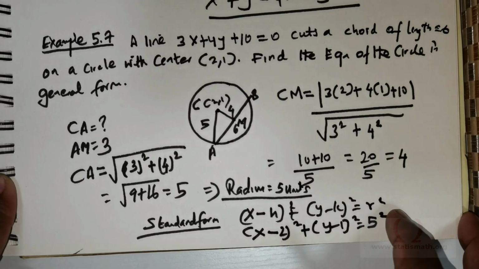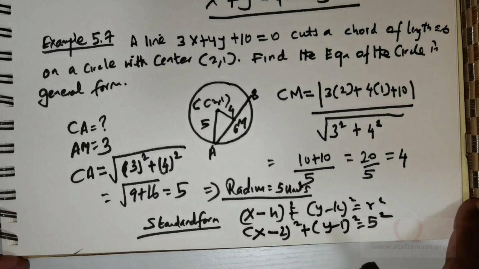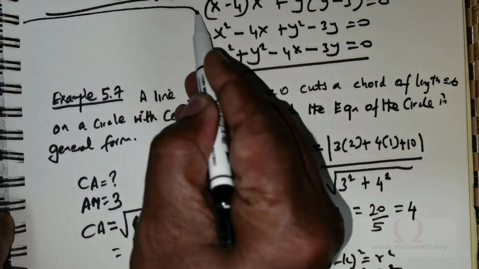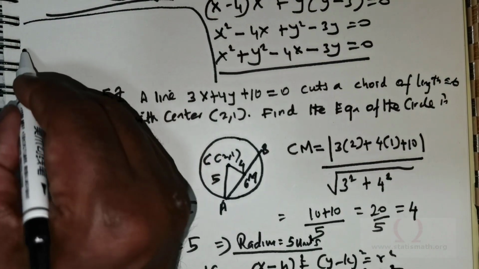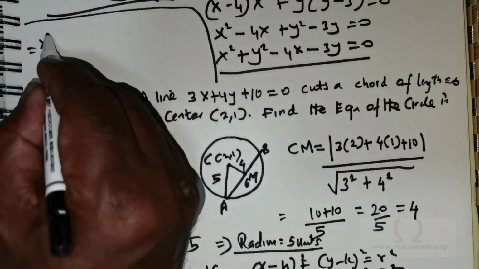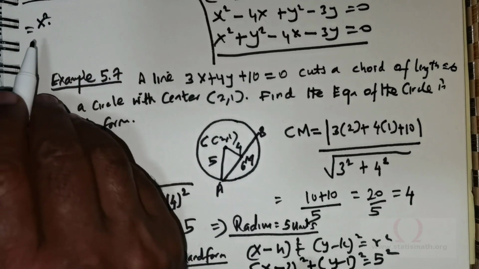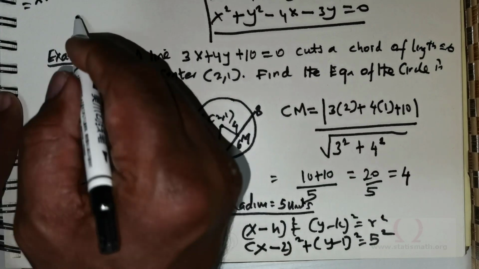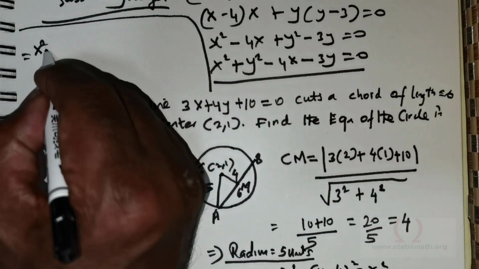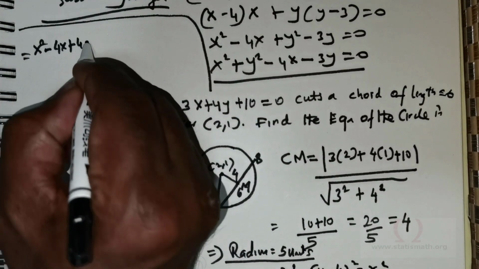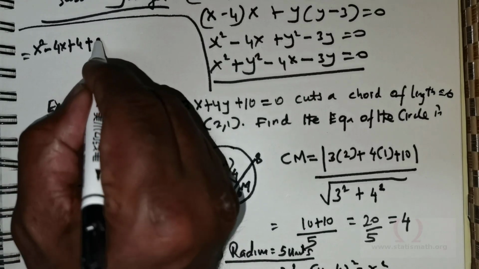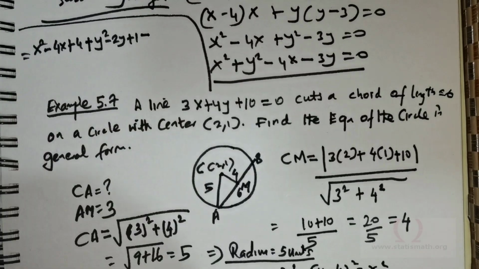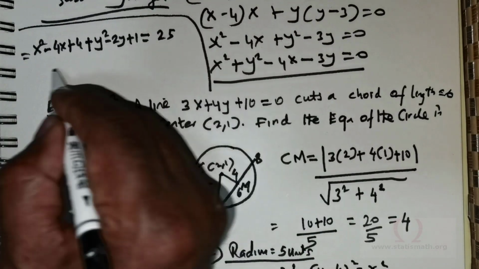Just for the sake of continuity, I would be using this space here. Expanding the square of (x - 2) whole squared, it's going to be x squared - 4x + 4, plus y squared - 2y + 1, equal to 25.